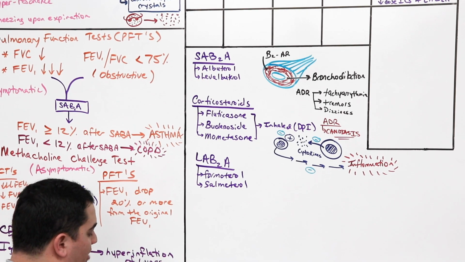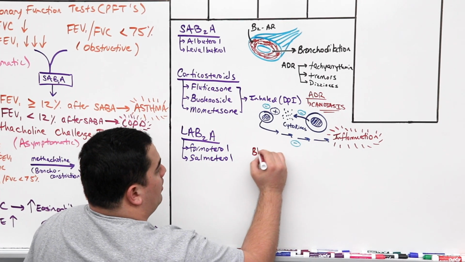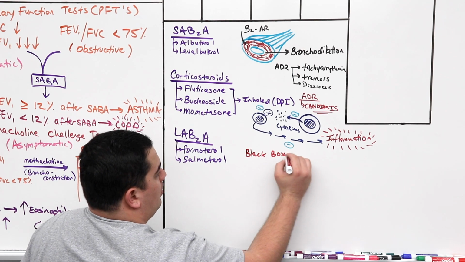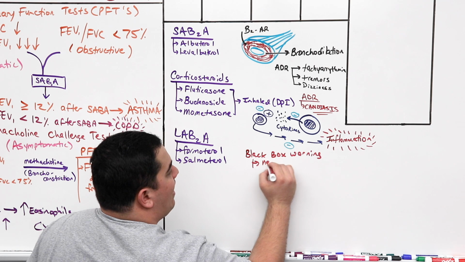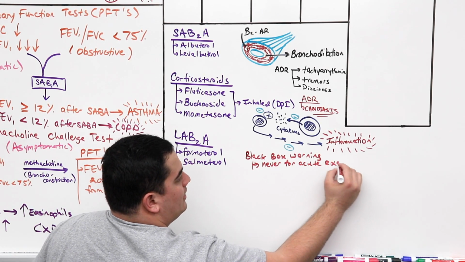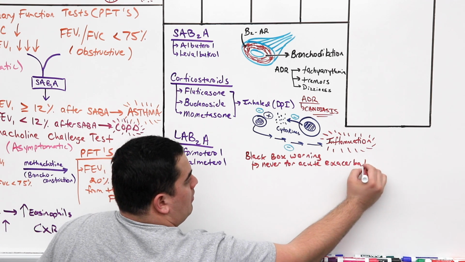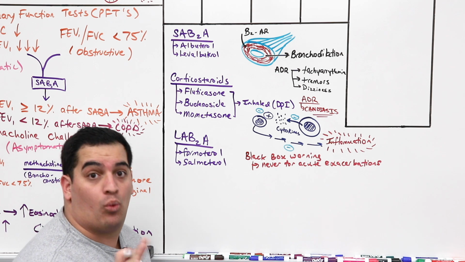Here's the one thing I want you to remember. The black box warning. 1, never for acute exacerbations. Never give this for an acute situation. It can actually make it worse.